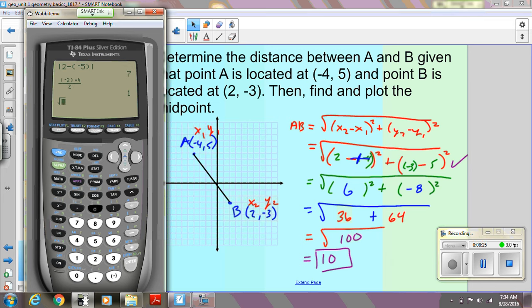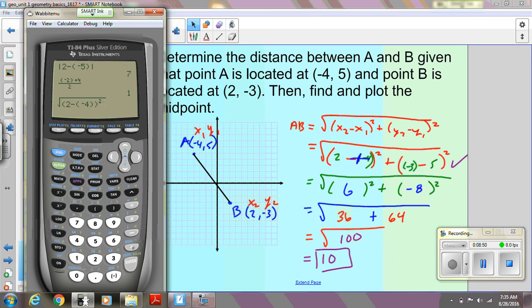Then I have to open a set of parentheses and type 2 minus, open a set of parentheses, negative 4, close that parentheses and close the main parentheses. And then I have to square it by hitting x squared, like that.